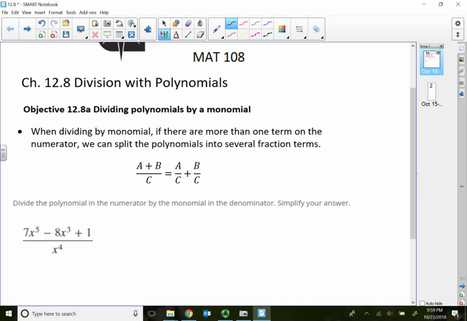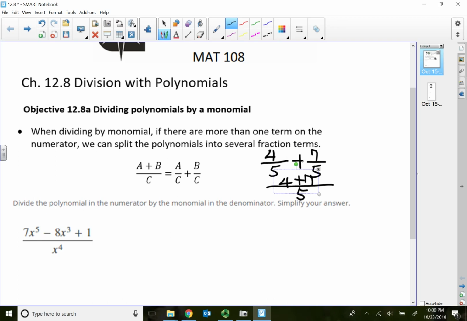A long time ago, if you ever took Math 106 in Module 2, when it comes to adding and subtracting, if I had maybe 4 over 5 plus 7 over 5, and I'm kind of lazy and only want to write one LCD rather than two of the same LCD, I simply write it like this.